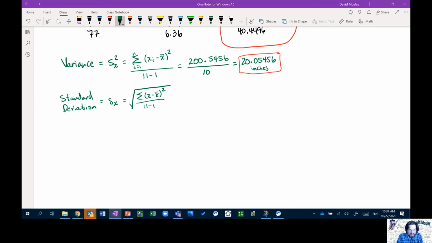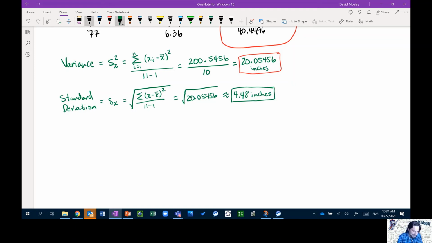And that is specific to this case. We could just write n minus 1, but we're using our numbers for the bottom there because we can, which is going to be the square root of 20.05456, which is approximately 4.48 inches. That is my standard deviation.